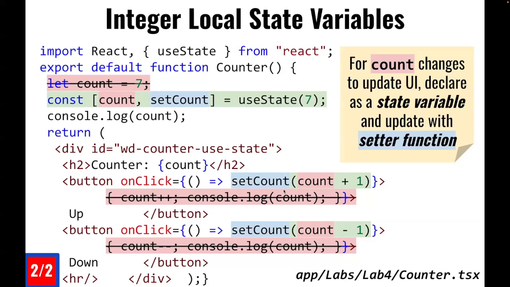If I have a second or third line here, count has not changed yet. So you have to be careful. You cannot write the code like it's synchronous, as in the change has happened. You can only assume that in the next rendering, when it re-renders, count will change, and then you get a new value of count.